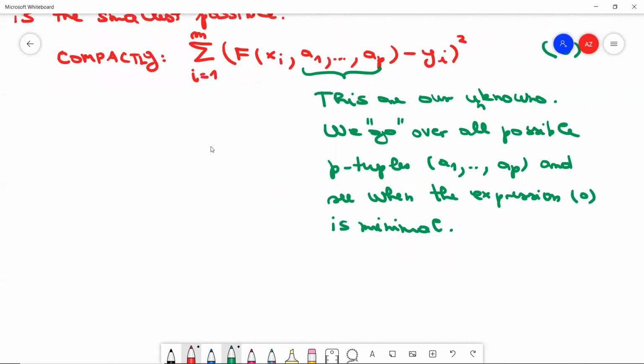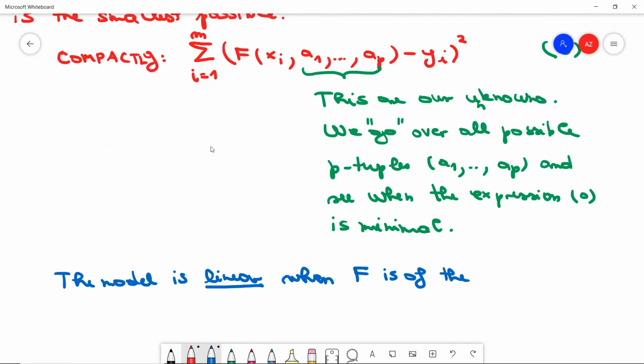So the model is linear when f is of the form f of x, a1 up to ap.